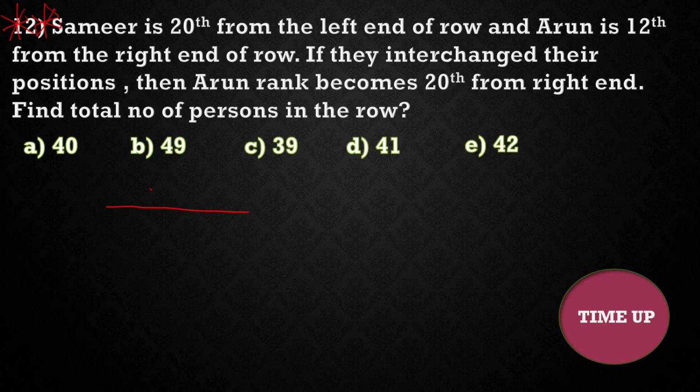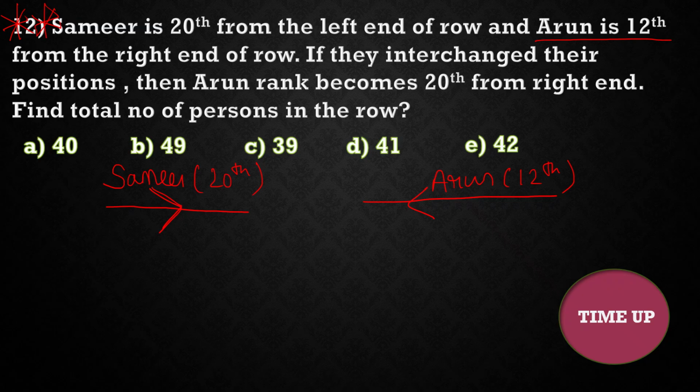So I will draw like this. This is Samir, and he is 20th from the left end. Arun is 12th from the right end.